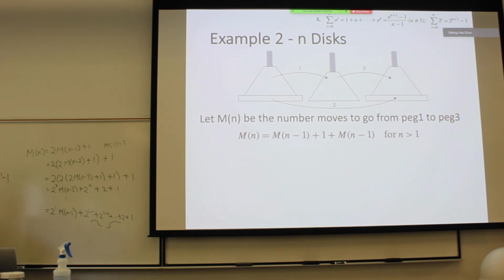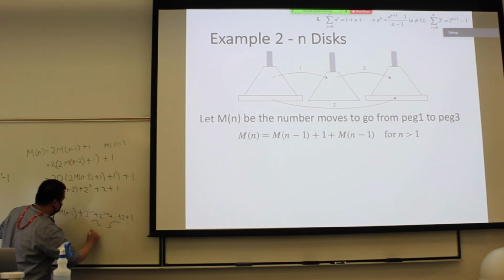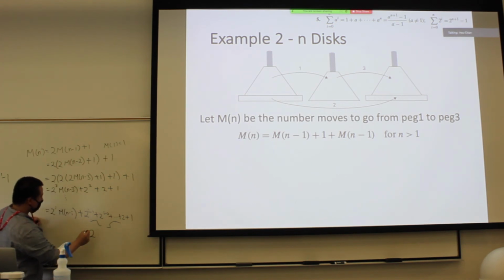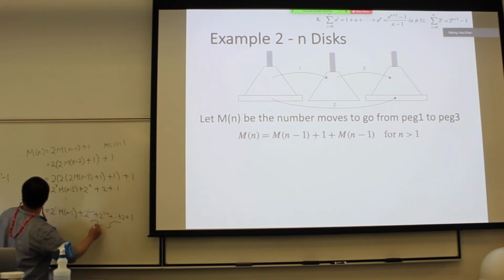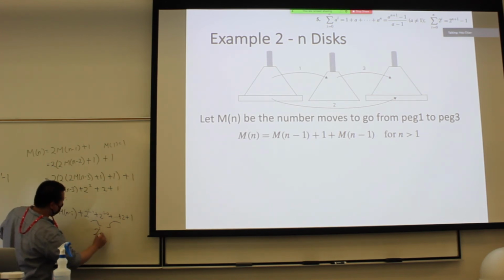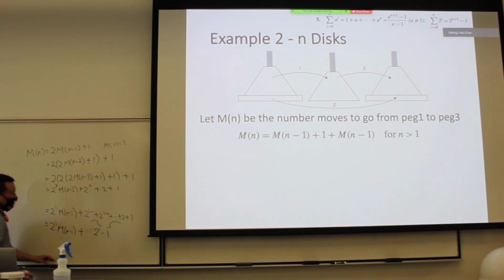So you get 2 to the n, or so you get 2 to the i minus 1. So you have 2 to the n minus i plus 2 to the i minus 1.